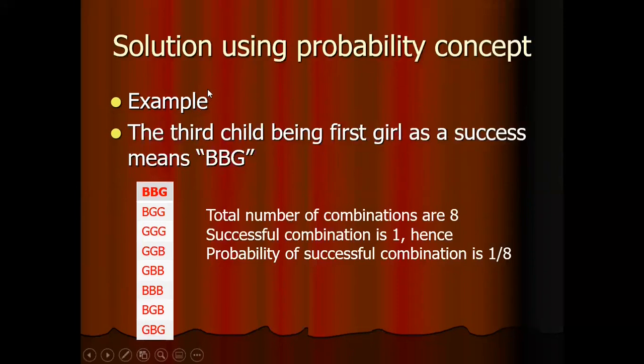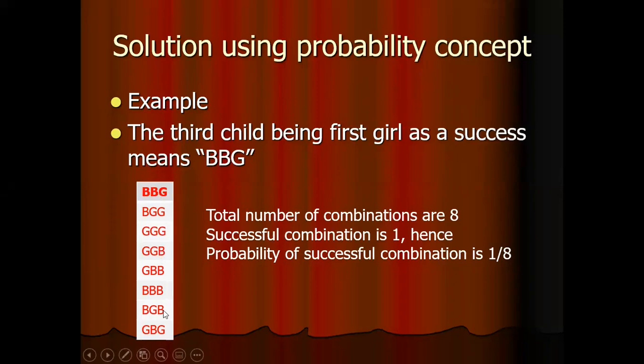So we can solve this using simple concept of probability. There are three total births, and the sequence can be written as birth of boy followed by boy and followed by girl. So this is the combination which we are interested in, that birth of first girl child after two births, that is on third birth.